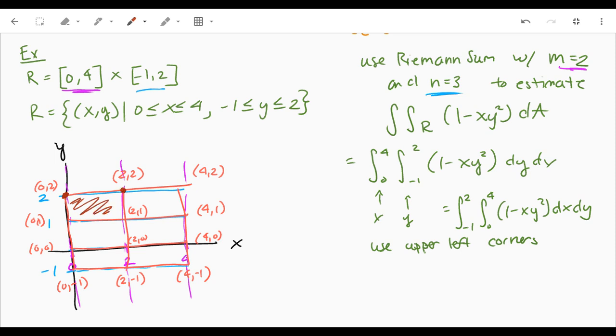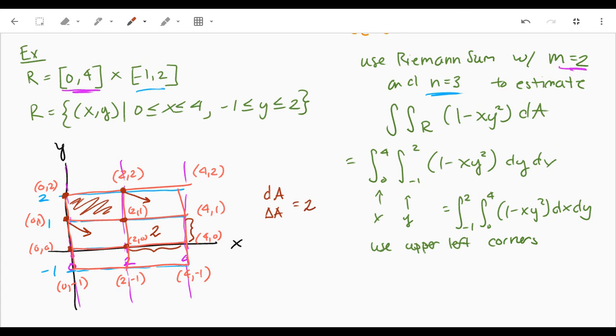So this corner would go with that base, this corner would go with that base, this corner, this corner, this corner. All right. So we can also get that the area of each of those is 2 by 1. So all of the heights we just need to multiply by 2. So your dA or your delta A is 2.